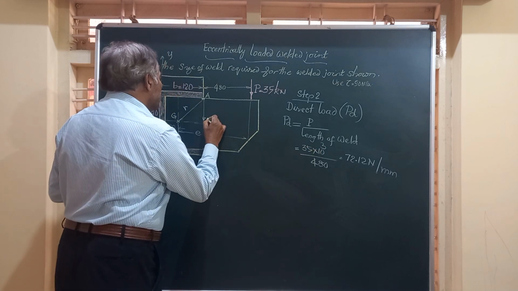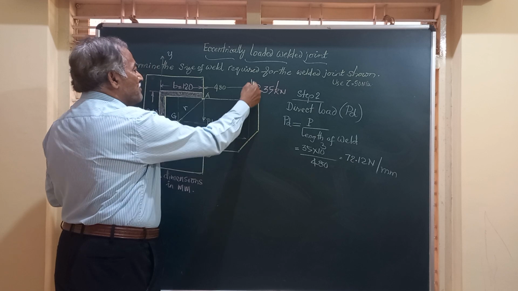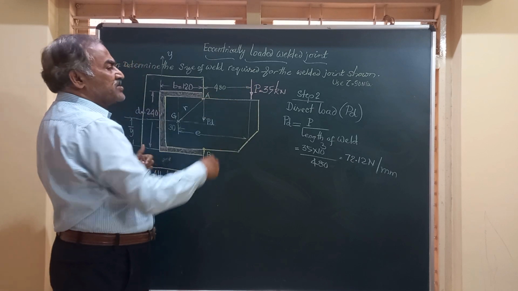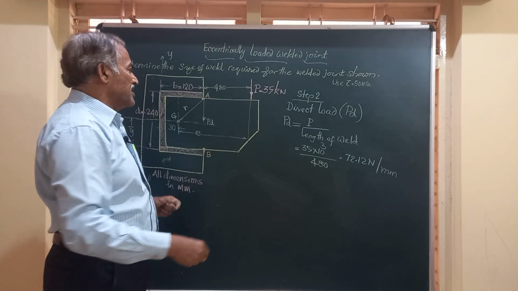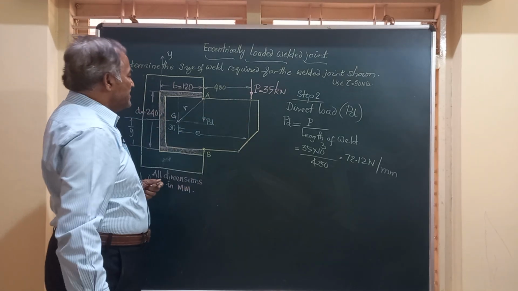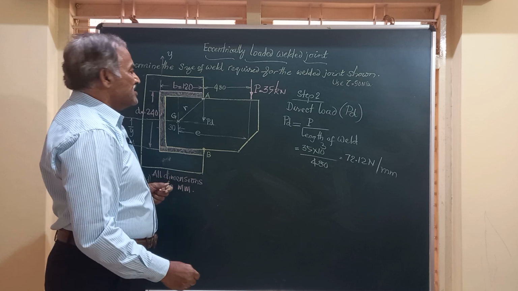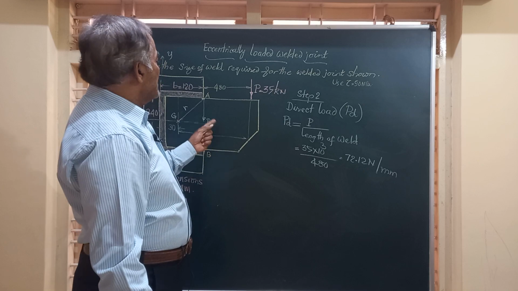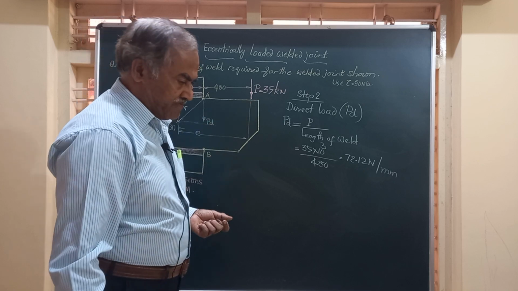Simply I'll mark it as PD, P direct. So this is parallel to the applied load and in the direction. In the direction means both are acting downwards. Parallel means the distance between these two is a perpendicular distance. So friends, we have calculated the value of the direct load.